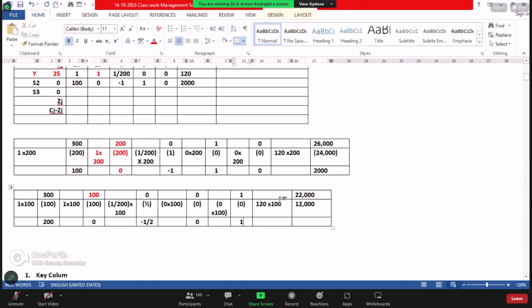Here 120, that's why 22,000 minus 12,000 is 10,000. So these values have to be placed here. 200 goes here. This 0 goes here. This minus half goes here. This 0 goes here. This one has to be placed here. And this is 10,000.